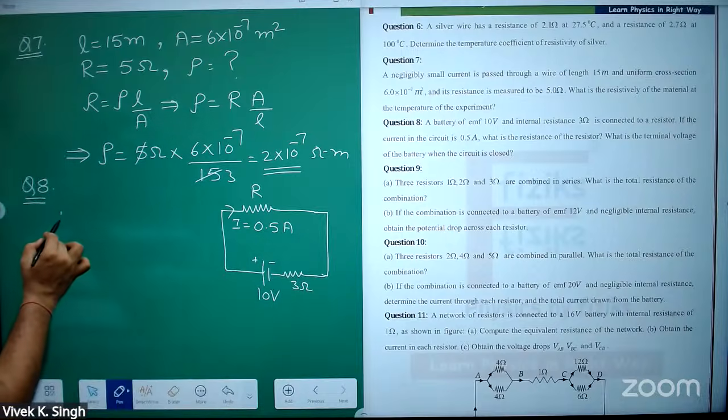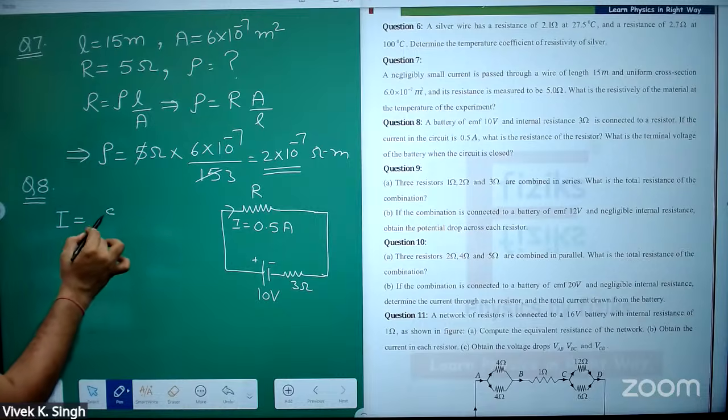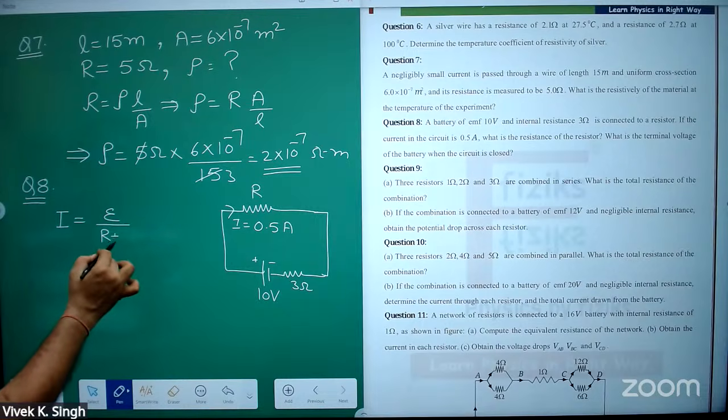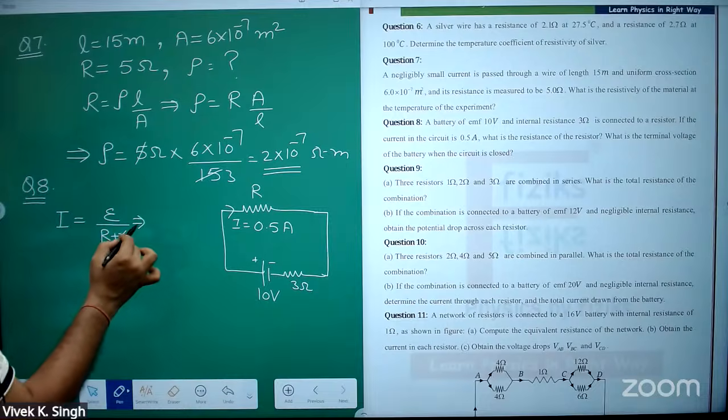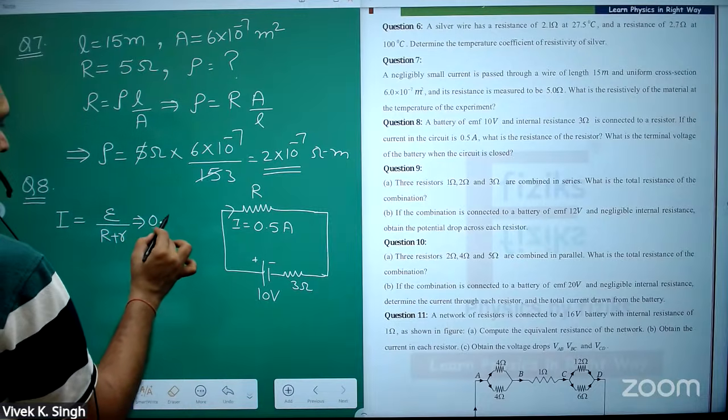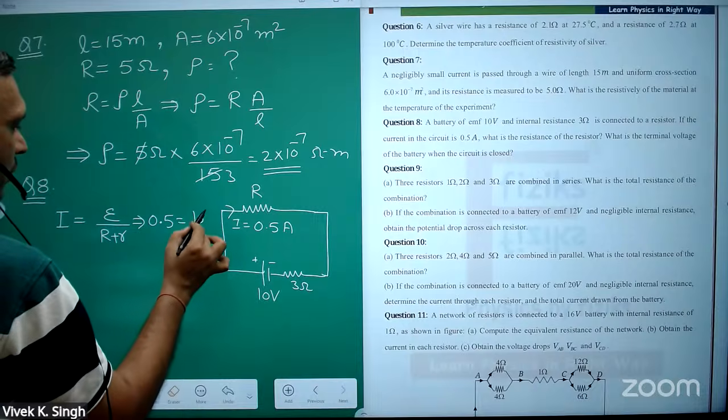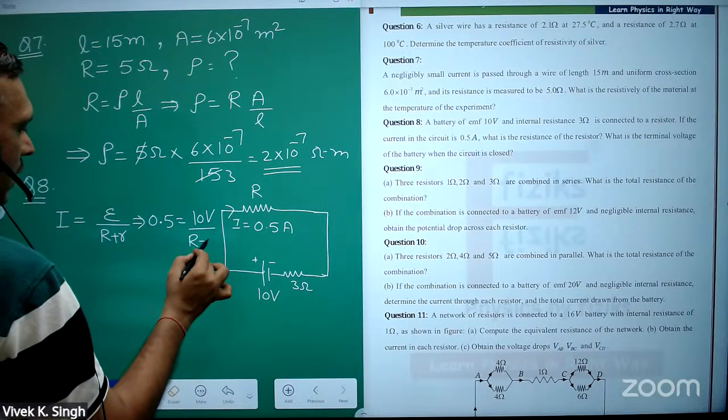So I will be E by R plus r. So you have 0.5 ampere, 10 volt, R plus 3.